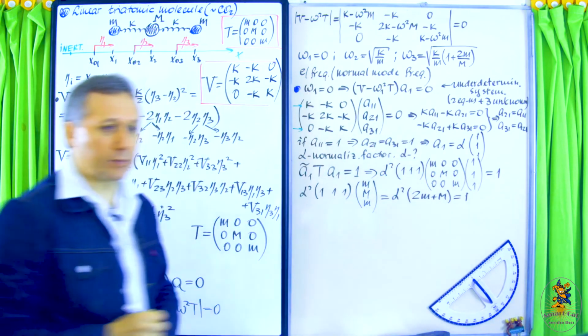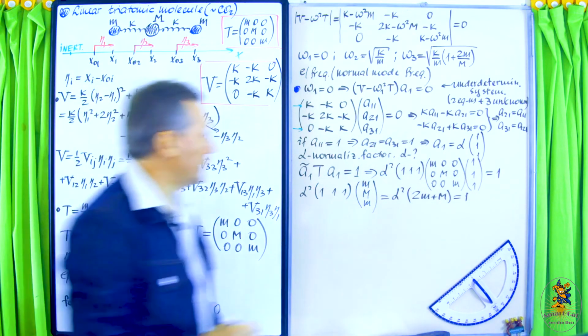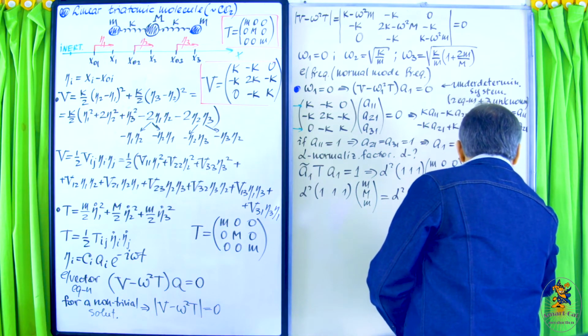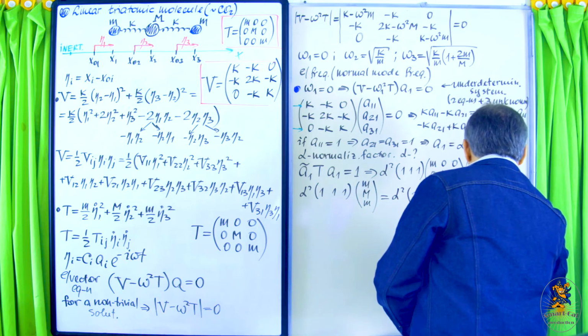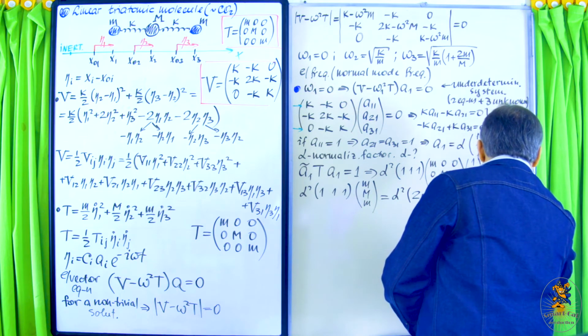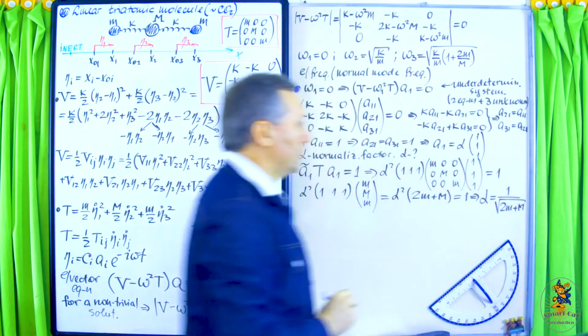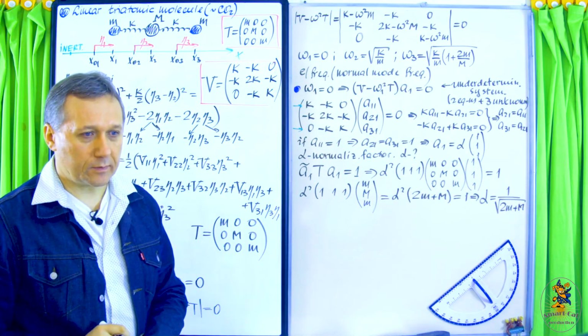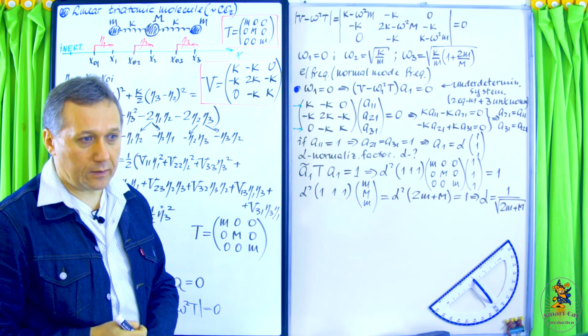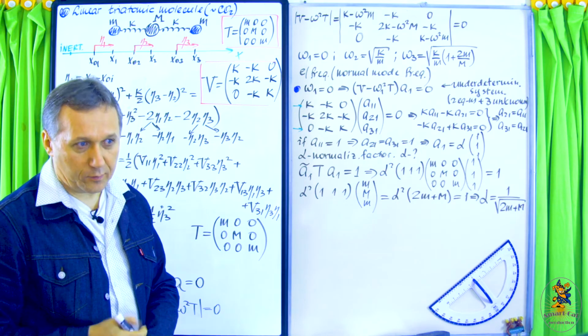So as a result, we're getting the normalization factor, alpha, equal to 1 over the square root of 2m small plus m capital. Okay, so now we have the first eigenvector normalized.